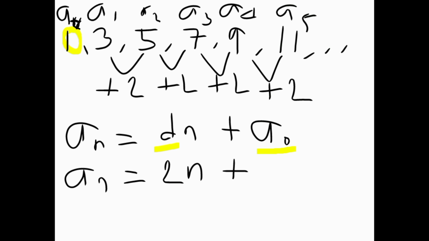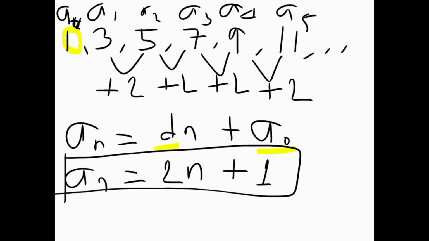Okay, so we're going to write here 1. And this is now our formula. This is the explicit or the general rule of this sequence. So this is our answer: a sub n is equal to 2n plus 1.